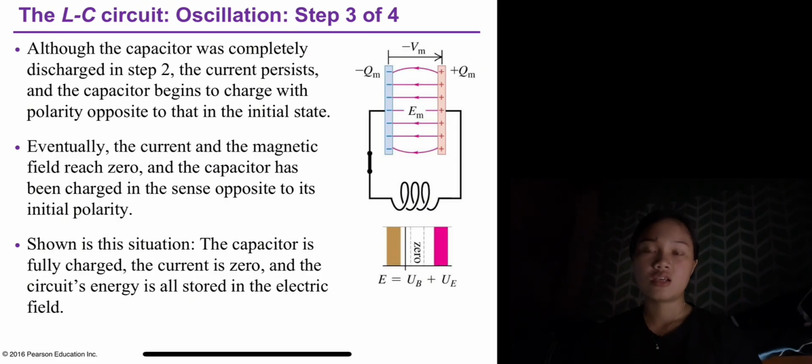Magnetic energy is converted back into electric energy. So this constant exchange drives the oscillation. The system naturally evolves without any external force. So this is the essence of electrical oscillation.